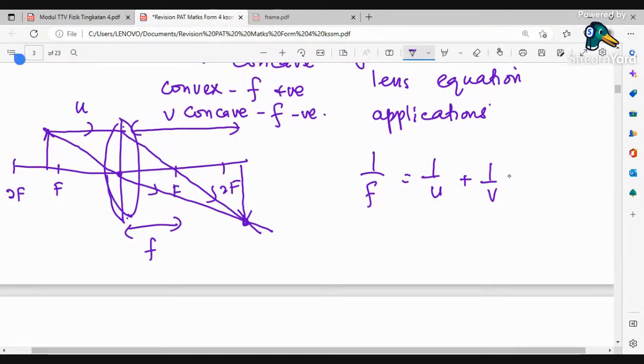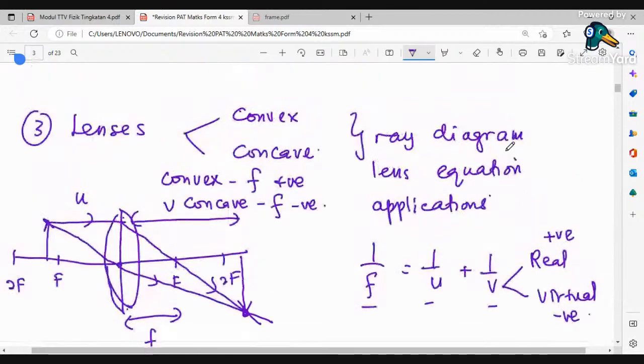Sama juga untuk V sebab V ni represent the image. Image kita ada real and virtual. Okay. Kalau real, V tu dia positif. Kalau virtual, V negatif. Sama juga ini F tadi saya dah sebut kan. Convex, F positive, concave, F negative. So substitution in this formula must be correct. So this one ada soalan calculation. Okay, that's a calculation problem.